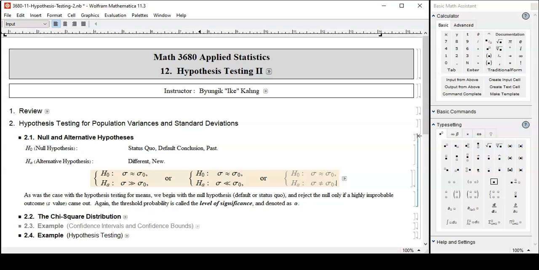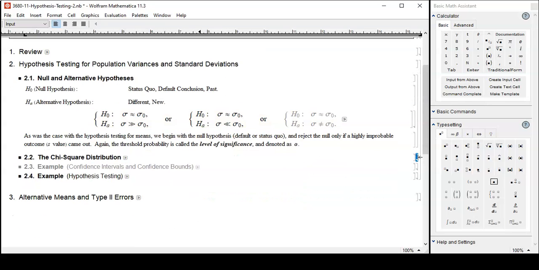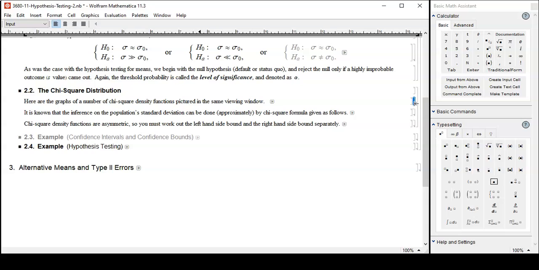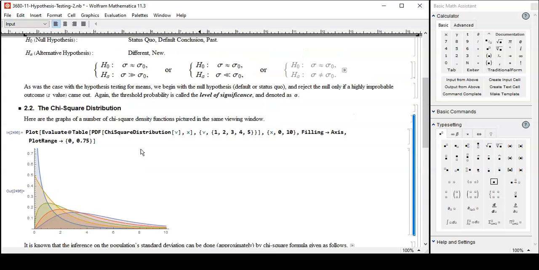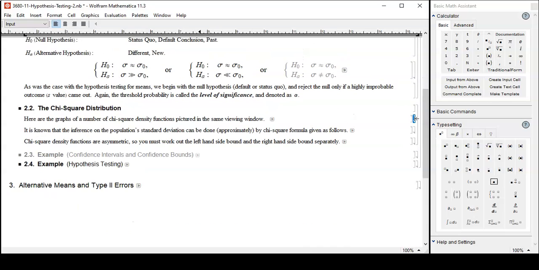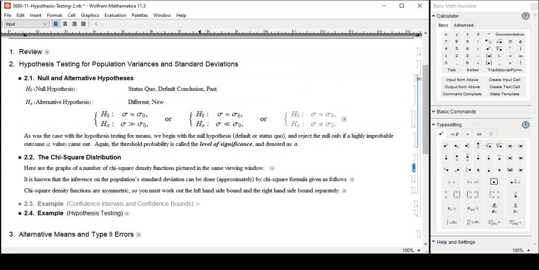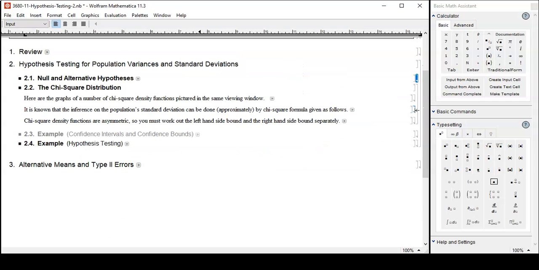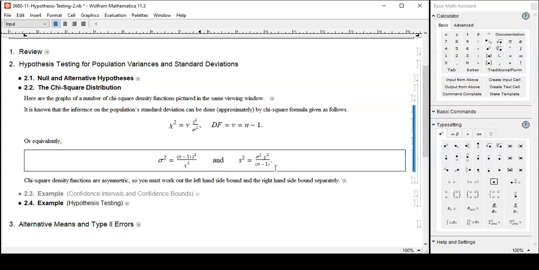All right, now that we talked about the structure of hypotheses and the theoretical background, the chi-square curve, let's talk about how to apply. Well, here we go. We have these two important formulae. Let me be more precise.